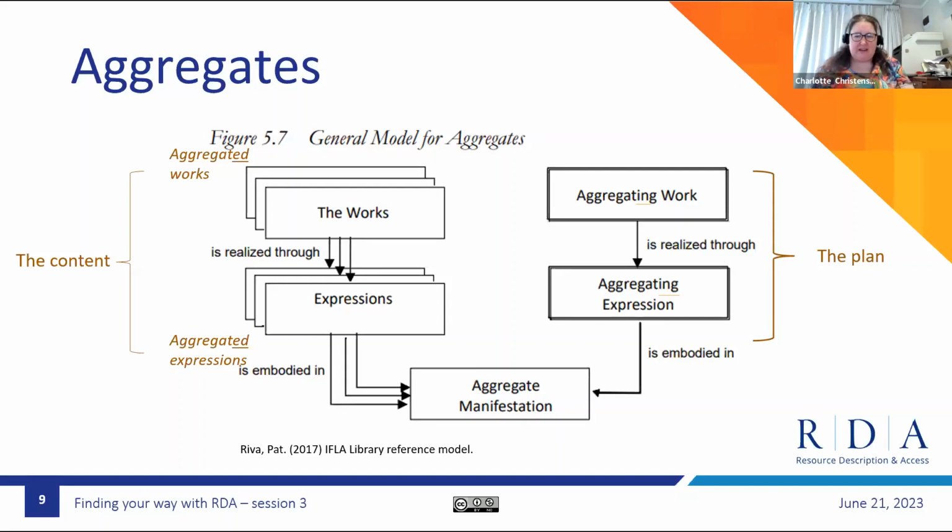How much detail about each of the involved works and expressions on either side of the diagram gets included in your description comes down to what you're trying to convey to the people who will use that description. Once again, things haven't necessarily changed in terms of what you want to record, so much as providing a different understanding of why we might want to record those data values.